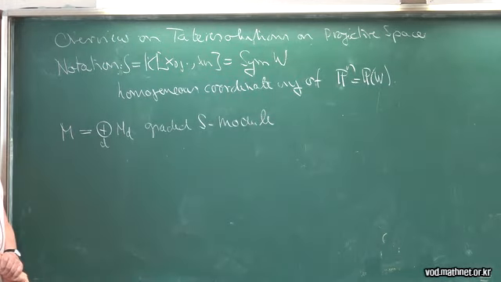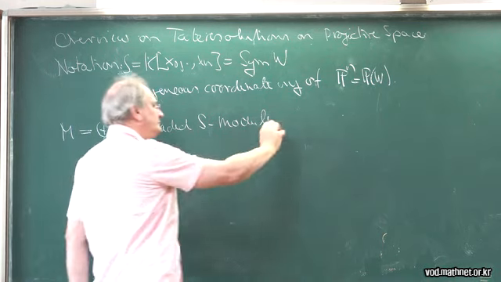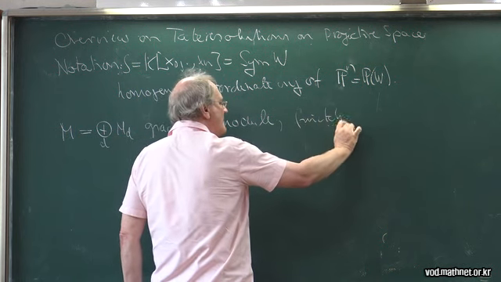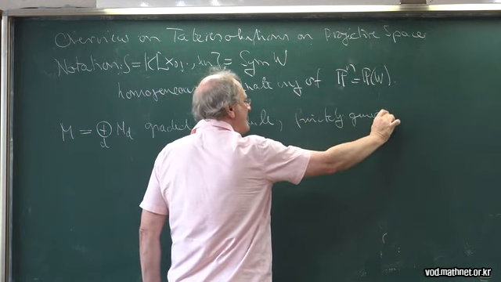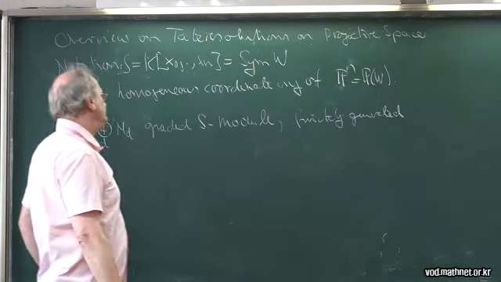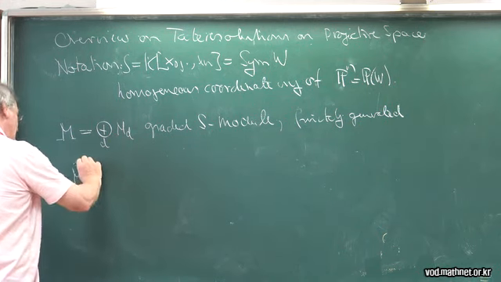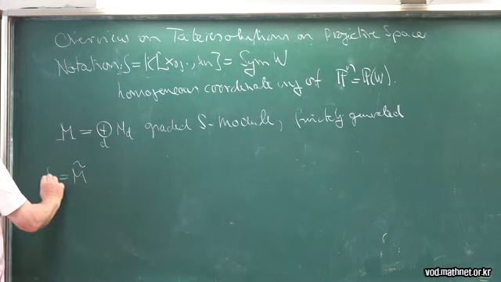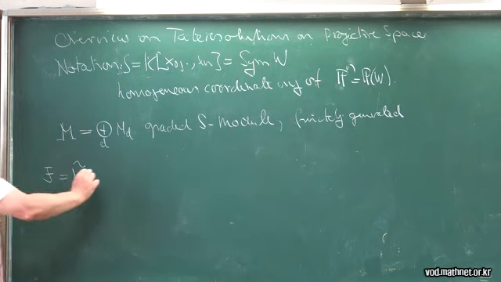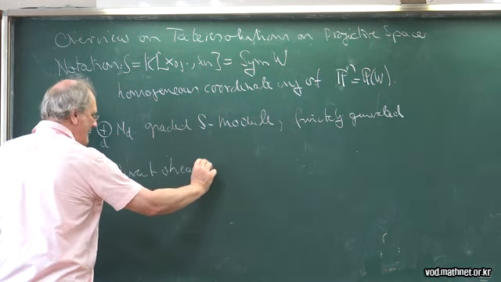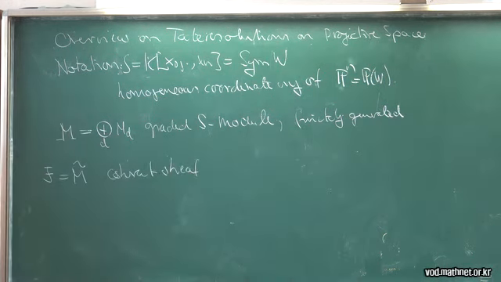Then, if M is finitely generated, M represents a coherent sheaf. So M tilde, which I frequently denote by F, is a coherent sheaf on Pn.